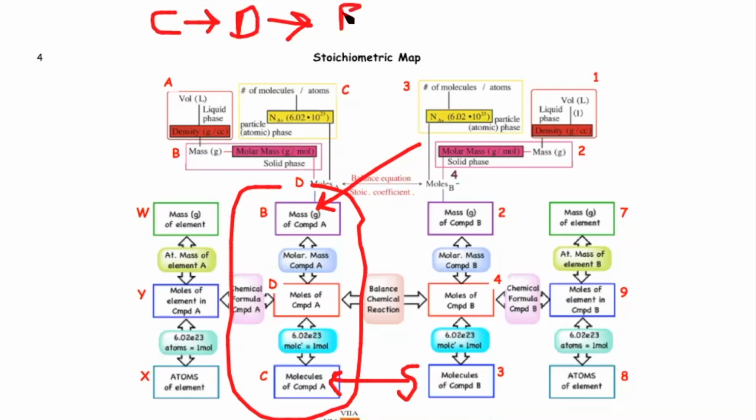Okay. And what are the conversion factors? The first conversion factor is Avogadro's number. That gets us from C to D. Our second conversion factor is the molar mass of water.